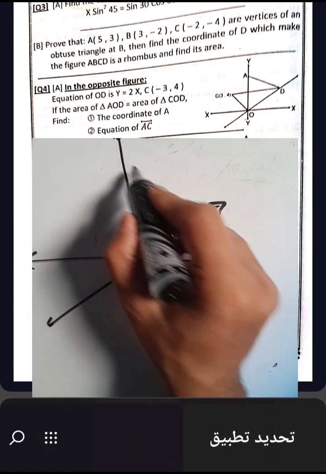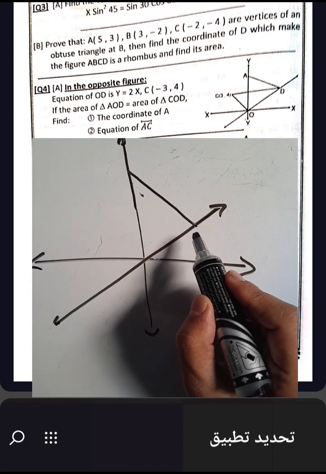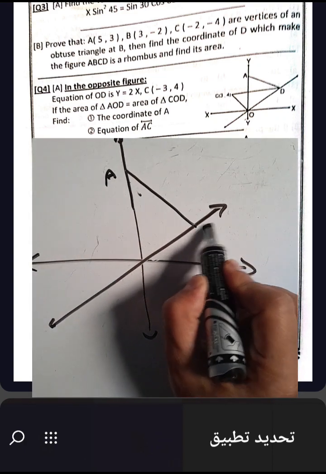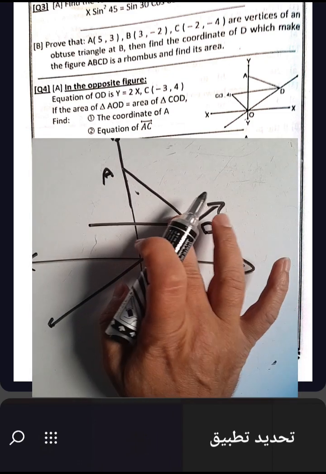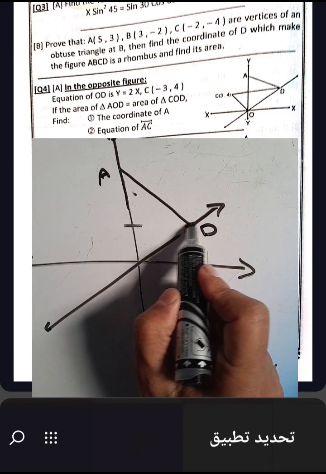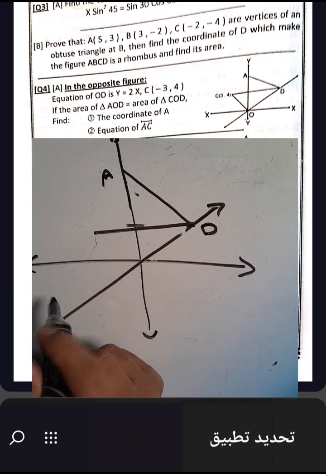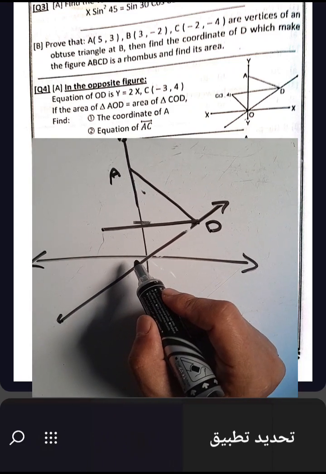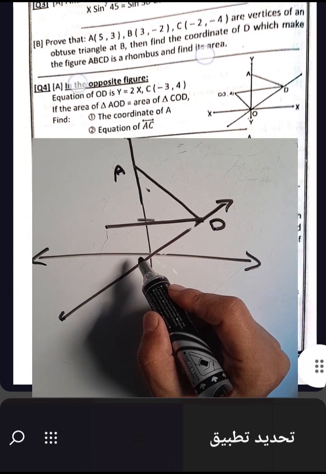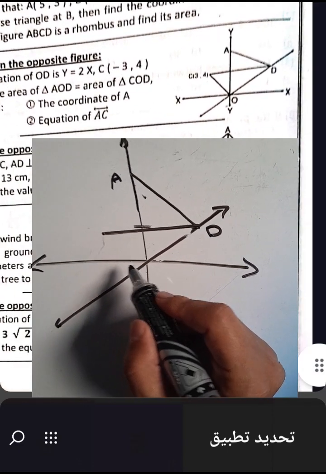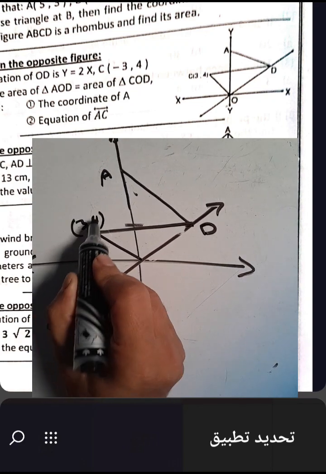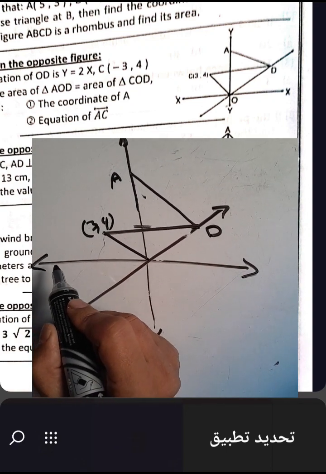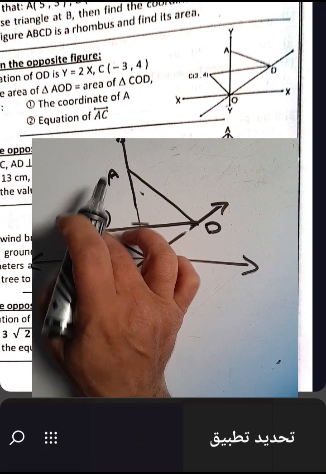We have here A and D, and this line is not parallel to the x-axis, but we have the curve here. The coordinates of point C are 3 and 4, about this point C.